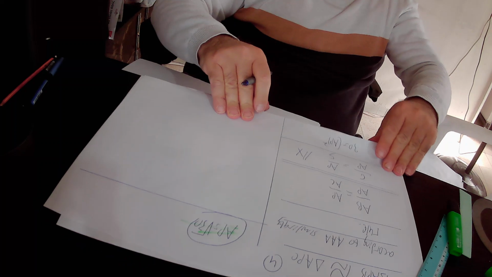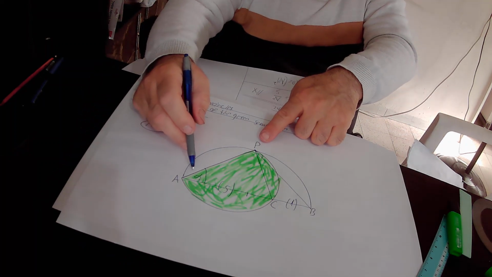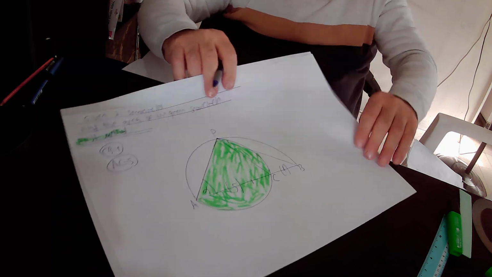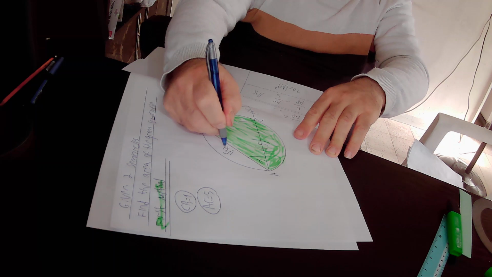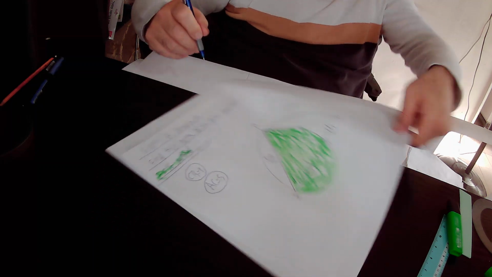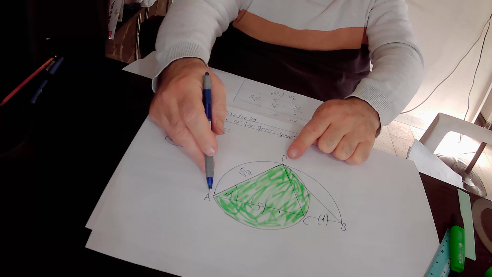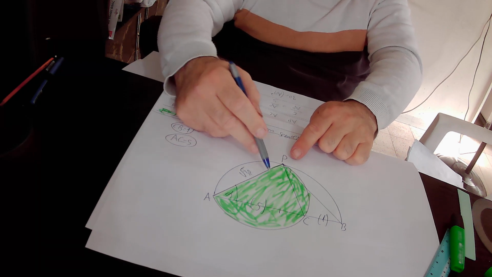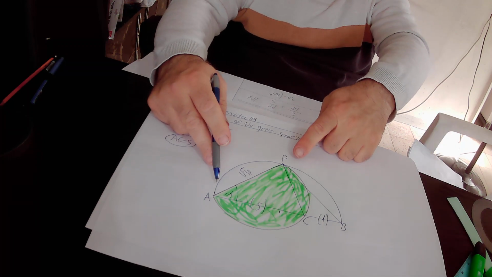So actually, this is the missing side AP, and it equals the square root of 30 units in length. We already found out that AP is the diameter of this green semicircle. Therefore, AP over 2 is the radius of this green semicircle. So I write it down.